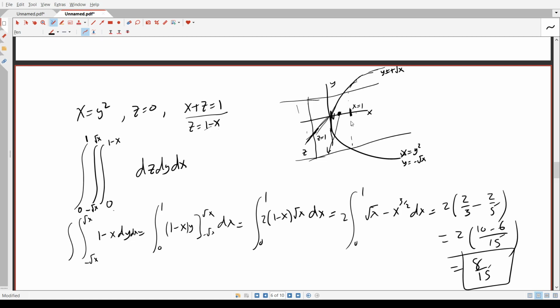And then I integrated that from down here to up here, along this line. And then I integrated all that with respect to x from 0 to the other edge where this plane intersects the xy plane at x equals 1. Okay, so once I was able to figure out those bounds, to find the volume I just set this up and integrate with respect to each of those with those bounds, and that gives me the volume.